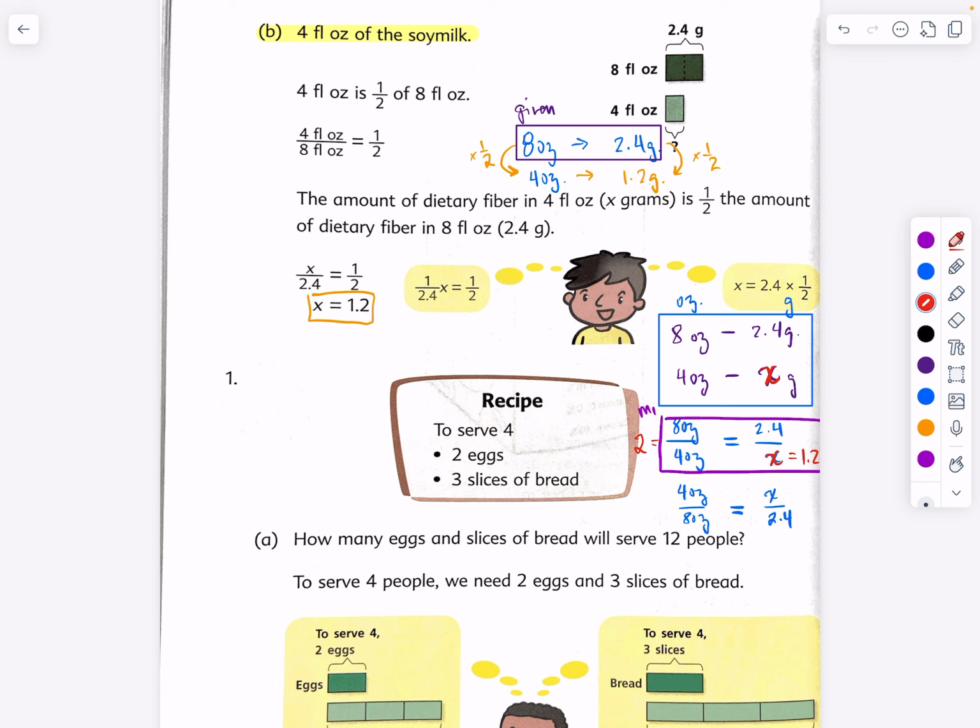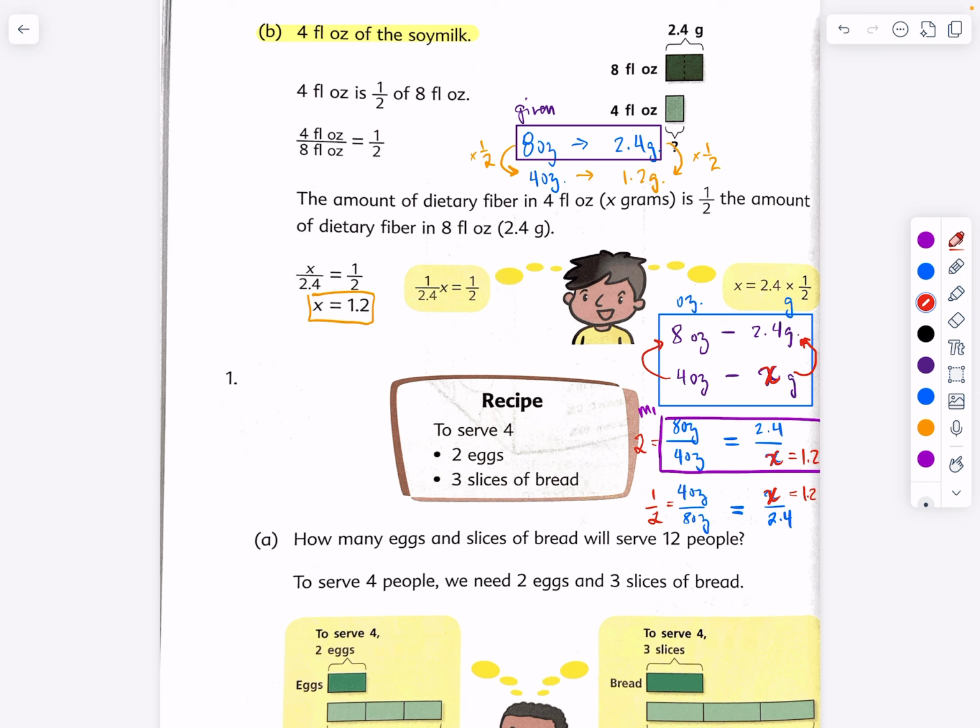Notice how X moved to the top, which is fine as long as we stay consistent. 4 to 8 should be the same as X to 2.4. Again, we have equivalent fractions. 4 to 8 is 1 to 2. 1/2 is which number divided by 2.4 gives you a half? Or what is a half of 2.4? The answer is X equals 1.2.